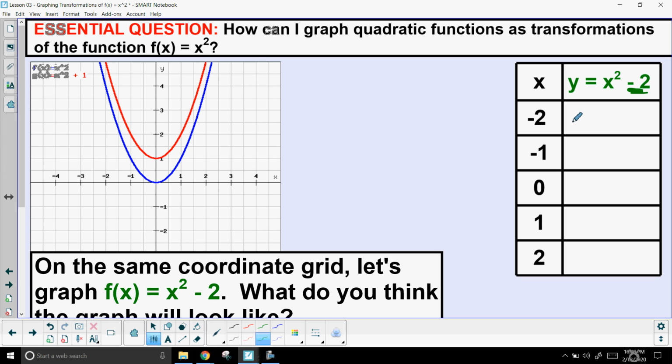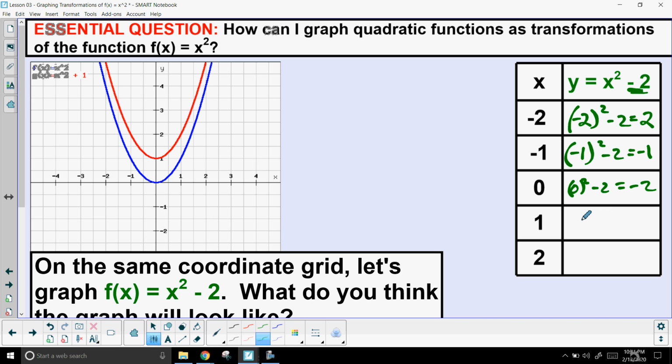(-2) squared minus 2 should equal, let's see, (-2) squared is 4. 4 minus 2 is 2. (-1) squared minus 2, well, that's 1 minus 2 equals negative 1. Plug in 0 squared minus 2 is negative 2.